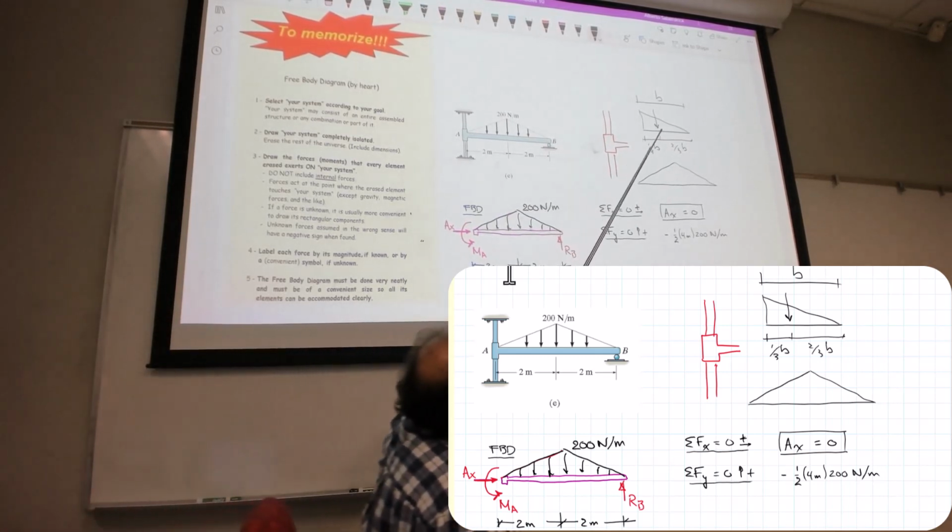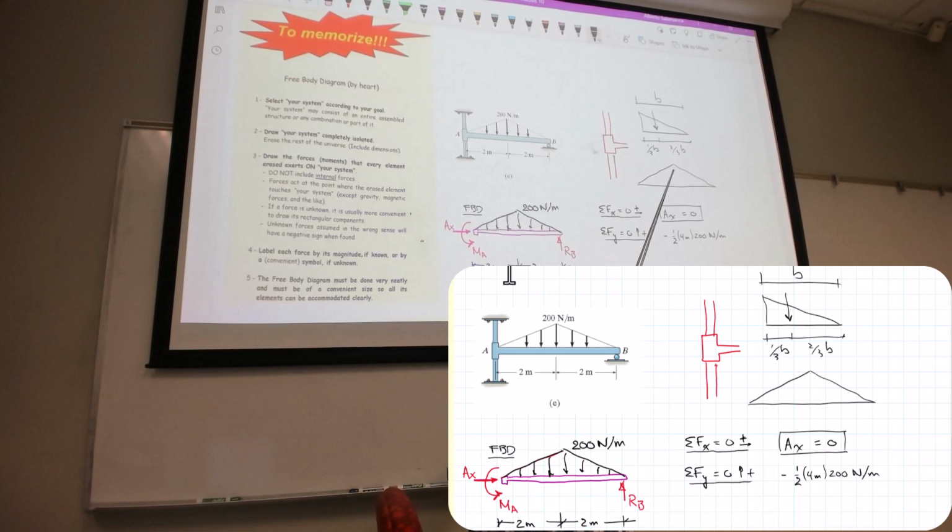That 1/3, 2/3 is for this kind of triangle, or do you want me to break this into two triangles, one like this and one like this? But this triangle looks even much easier than this one. Where would you put the resultant of this triangle? In the middle, because it's symmetric, right?